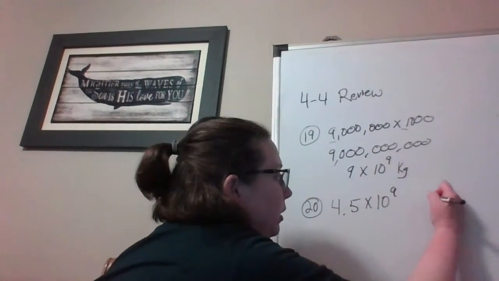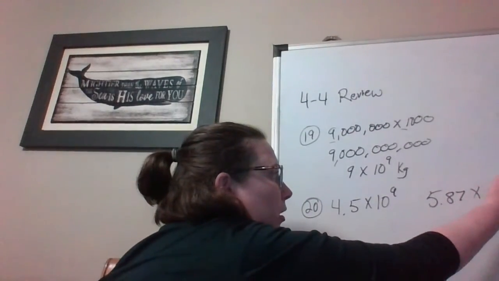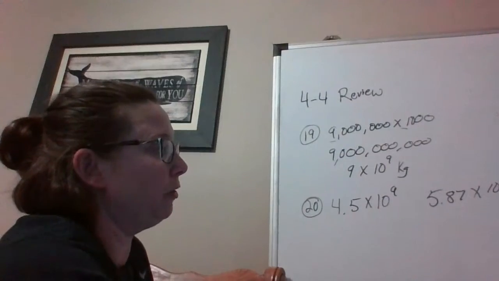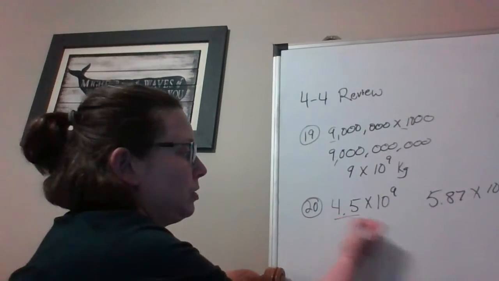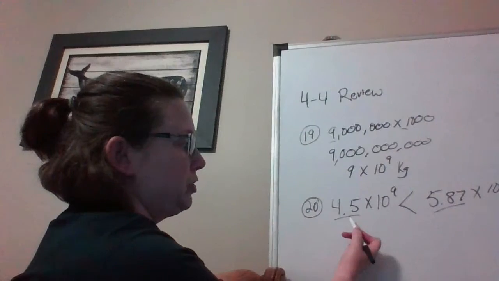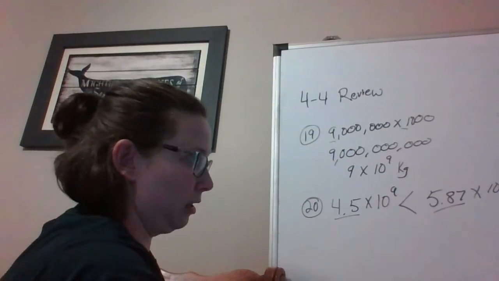And we have 4.5 and 5.87. In this case, our powers of 10 are equivalent. They're both 10 to the power of 9. So what we can do is just take a look at our numbers. Since this is larger than this, we use the less than sign.